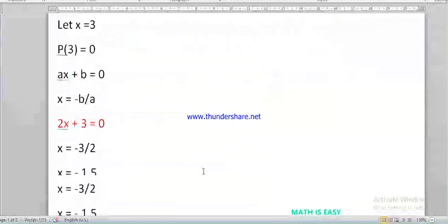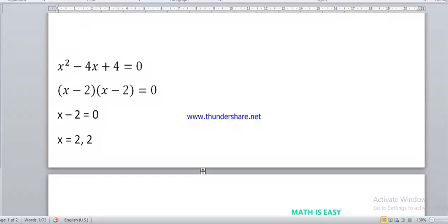Here I give an example of what it means. For example, if I take x square minus 4x plus 4 equals 0, and I use the splitting the middle term method, I have written it directly. So I get x minus 2 into x minus 2 equals 0. If I make the first term x minus 2 equals 0, then I get x value as 2.